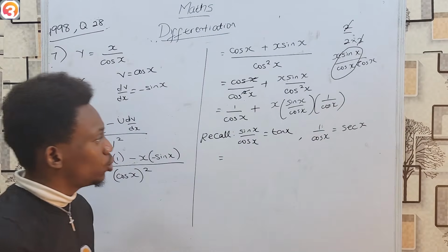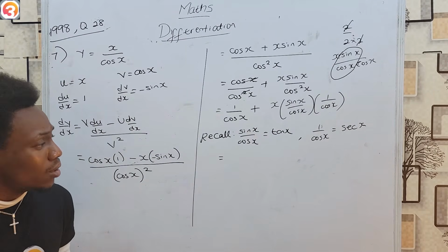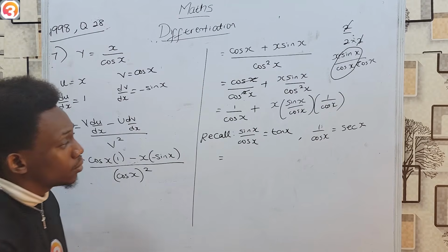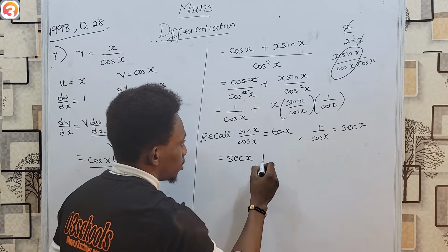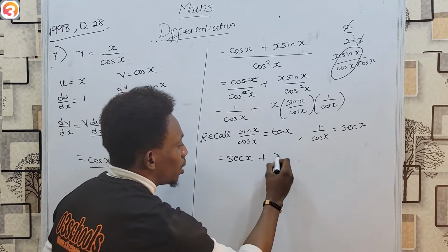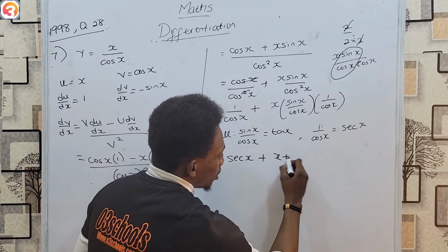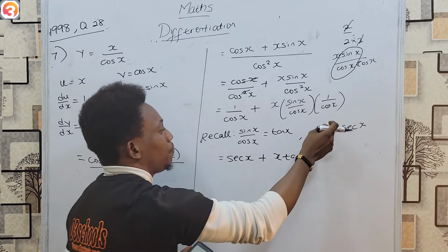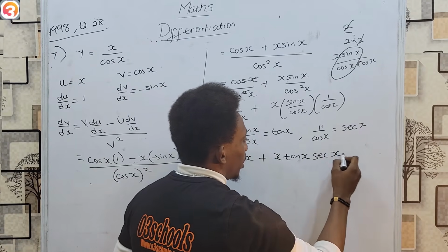How do I even know I should do this? Because if I check my options, I can see sec x appearing in places. So I can bring out sec x here. 1 over cos, as we've written, becomes sec x plus x. Sine over cos becomes tan x. And 1 over cos is also sec x.